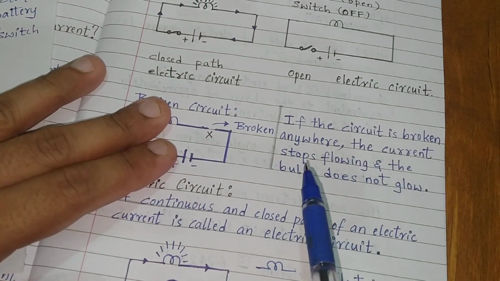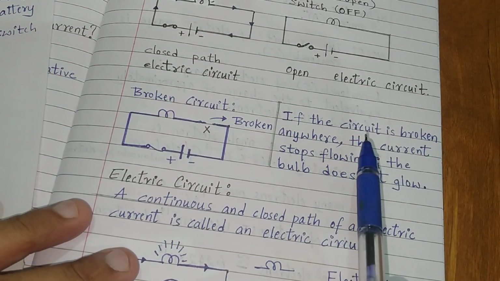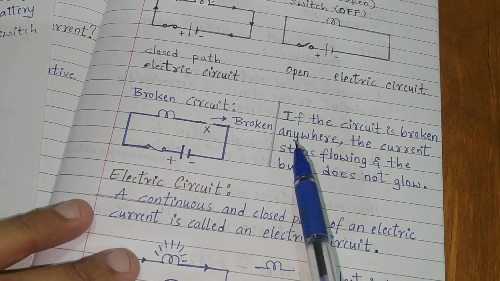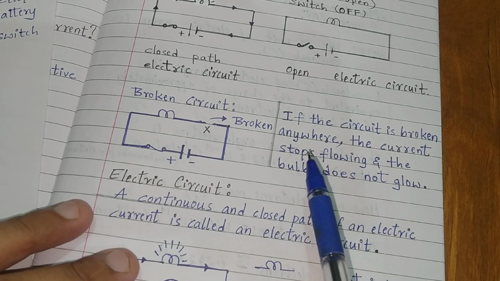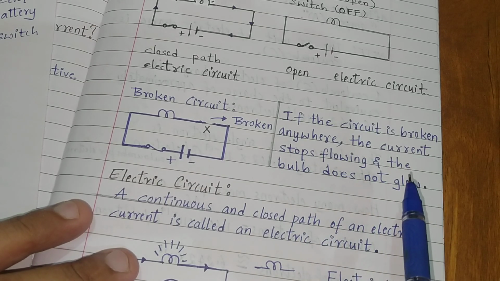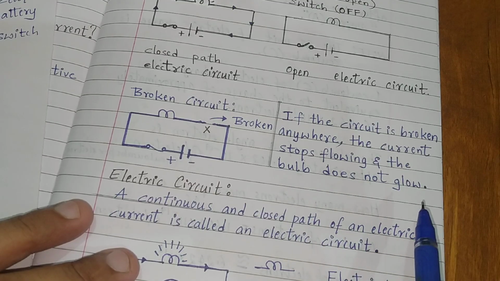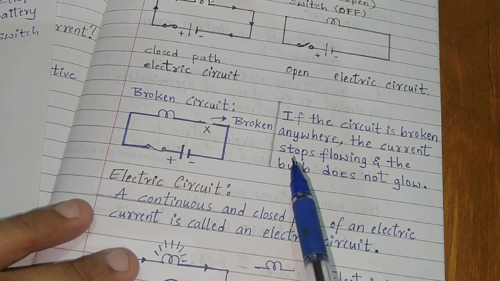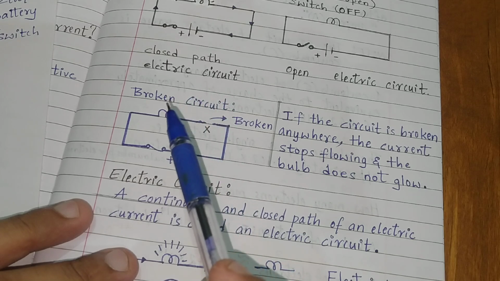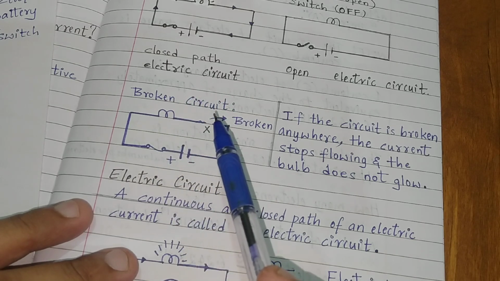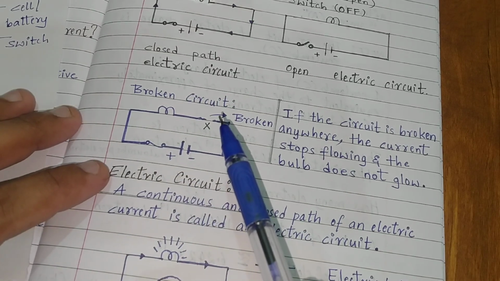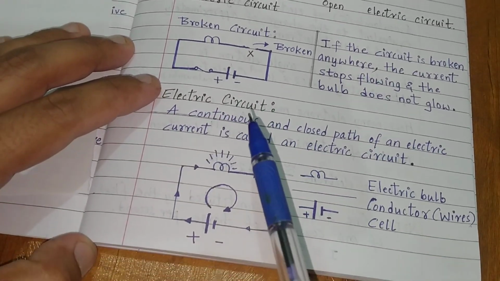See here, if the circuit is broken anywhere, the current stops flowing and the bulb does not glow. So this is an example of a broken circuit. I hope, dear students, you have understood very well.